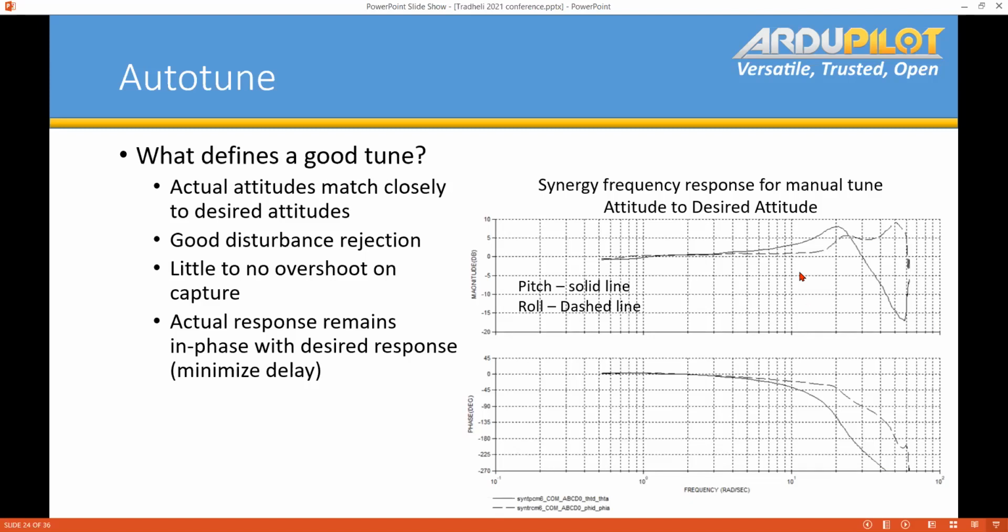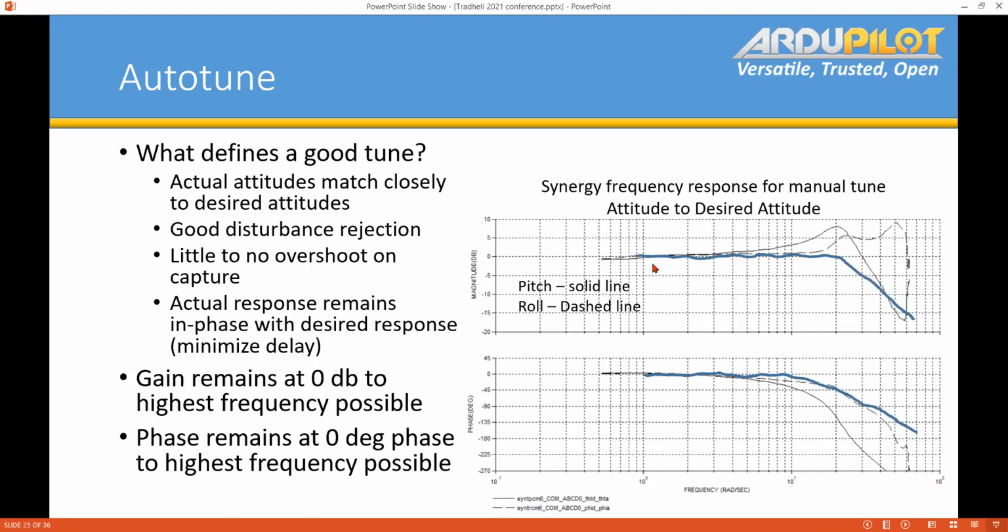I don't want to call it the standard, but this is essentially representative of a good tune for a helicopter for the Bode plot. What you really want is that, right? You want this flat at 0 dB, basically a 1-to-1 output based on input.